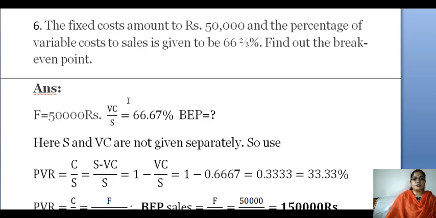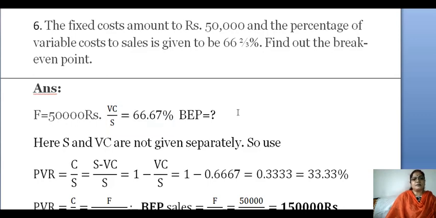I already told you to find out break-even point, either we can calculate PV ratio and then we can calculate, or else we can calculate directly break-even point in units as F by contribution per unit. Here in what way you have to find out, it is not given, but based on data we have to move. So if we see the data, only this much is given.